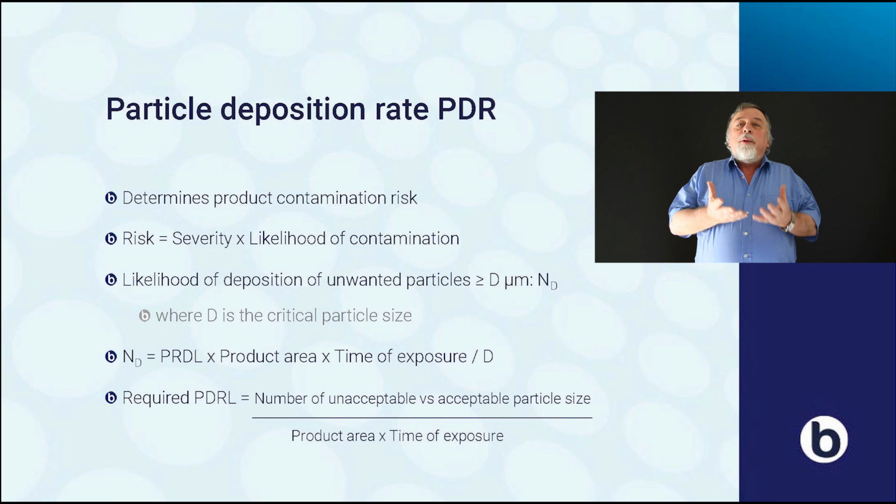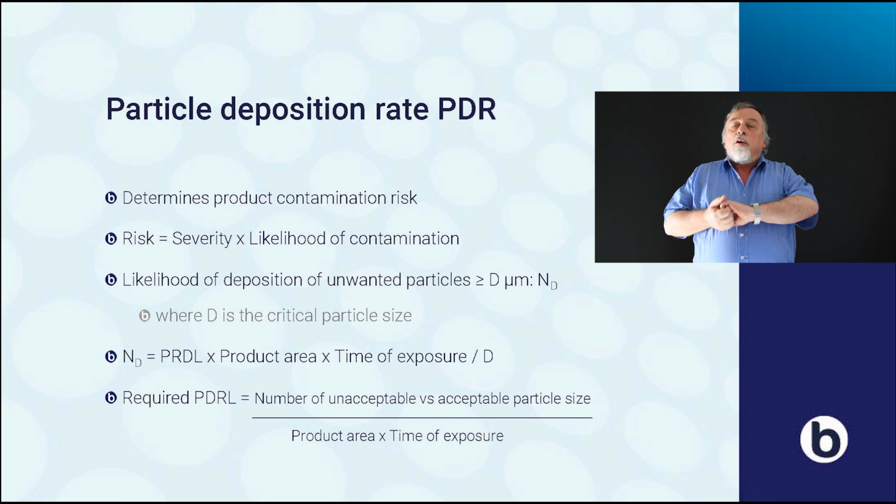Products can be contaminated by particles through deposition. So the particle deposition rate determines the risk of product contamination, while in fact risk is severity times the likelihood of contamination.